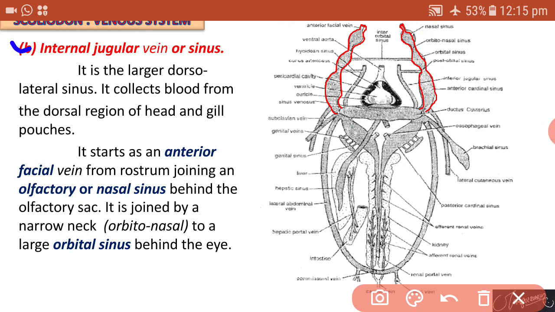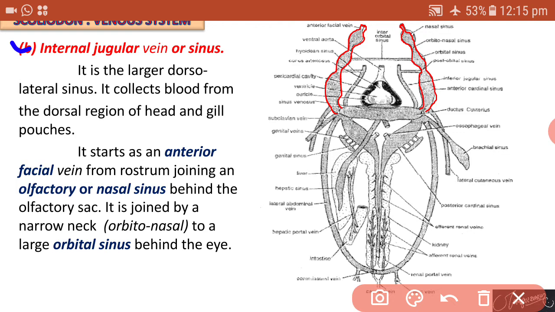It is a larger dorsolateral sinus, collecting blood from the dorsal region of the head and gill pouches. It has many sinuses, starting from the anteriormost part, the anterior facial vein, which collects blood from the rostrum; the olfactory or nasal sinus, which collects blood from the olfactory sac; the orbital sinus, which has a connection with the eyes; then the postorbital sinus, the anterior cardinal sinus, and the hyoidian sinus.